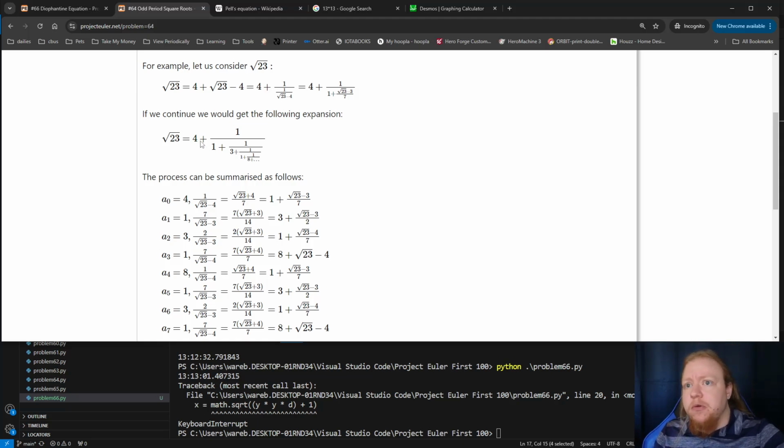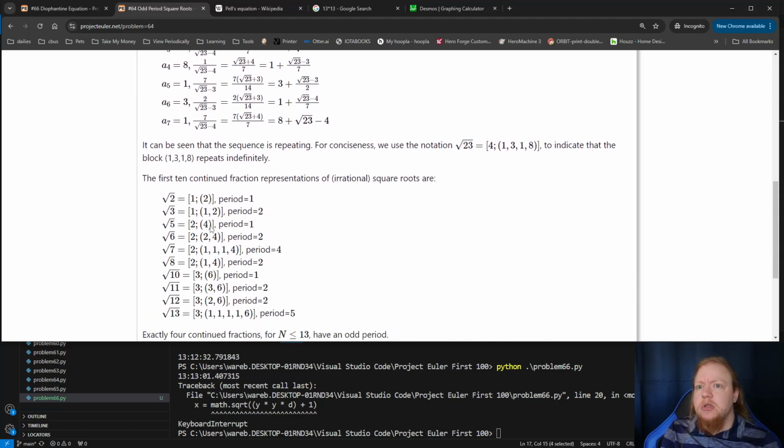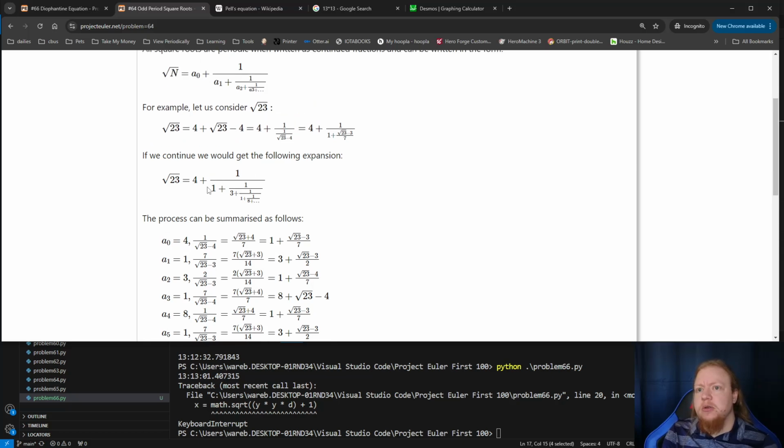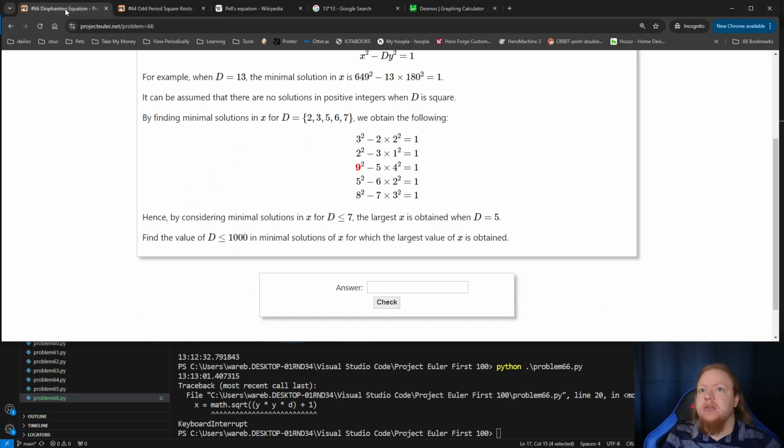So 2 plus 1 over 4 would be 2 times 4, which is 8, plus 1, which is 9. So the minimal solution is the very first fraction approximation using this sort of continued fraction thing.